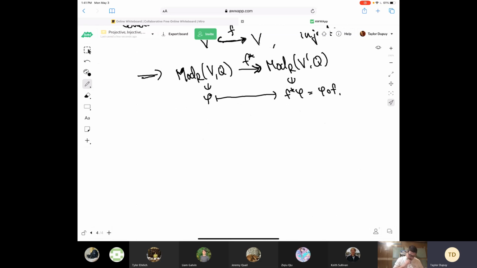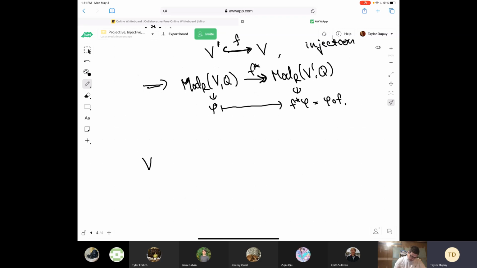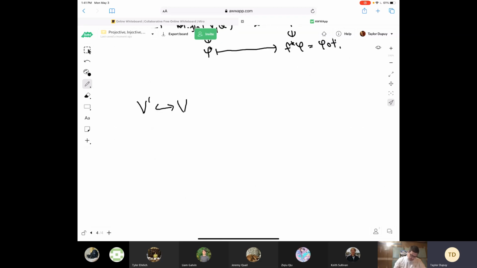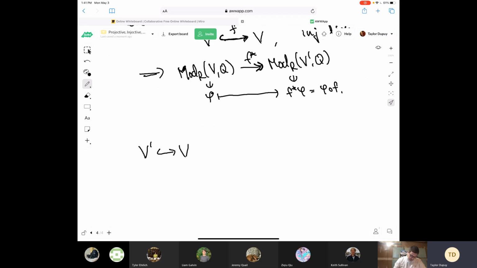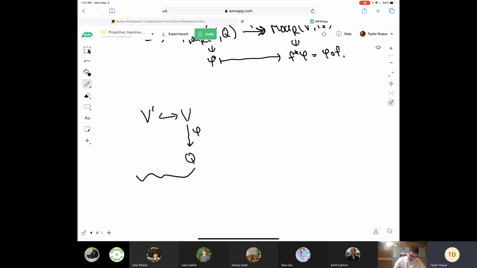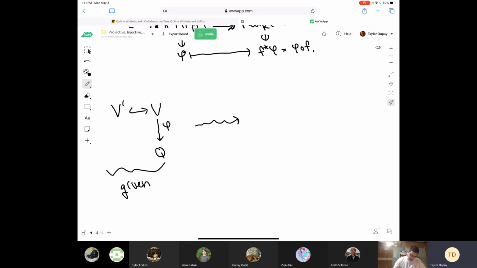Let's look at what this means. So we have a map from V prime to V, and then we were given a map phi to Q. So this is what we were given. And what we get is the pullback thing.